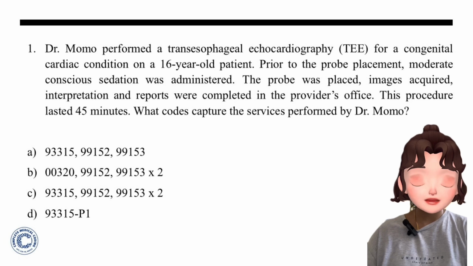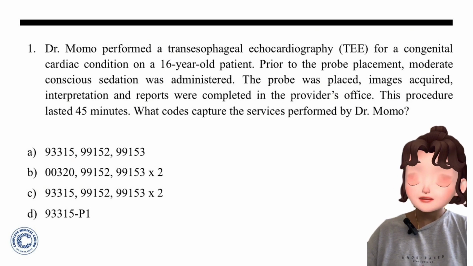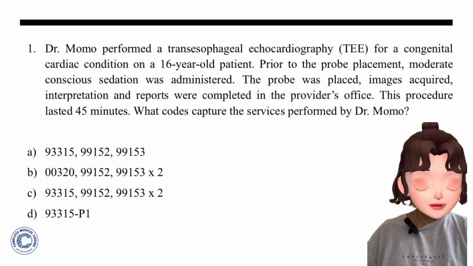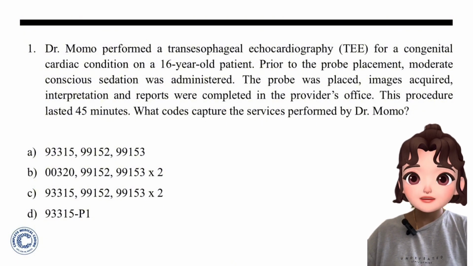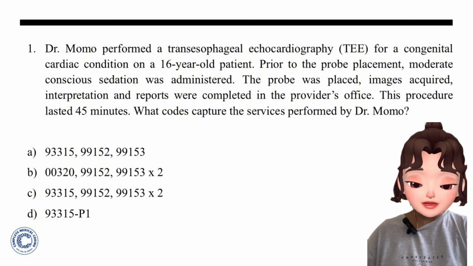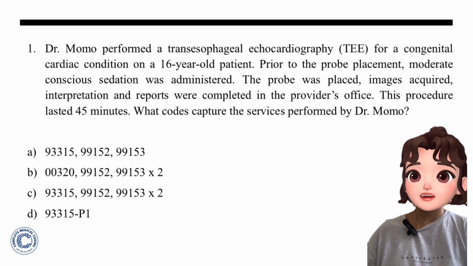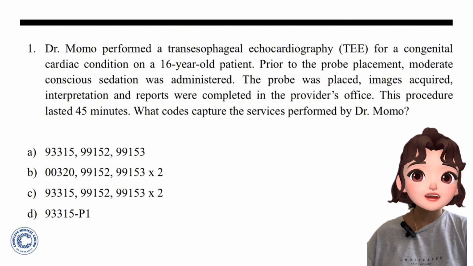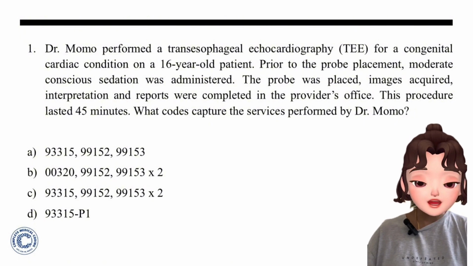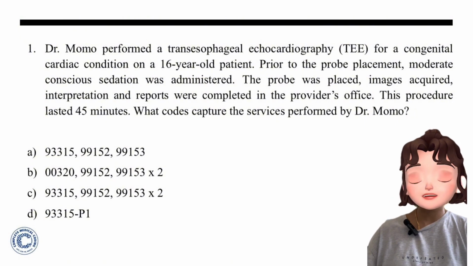If you take 93315, what is the procedure? Transesophageal echocardiography for congenital cardiac anomalies, including probe placement, image acquisition, interpretation, and report. Everything is mentioned.